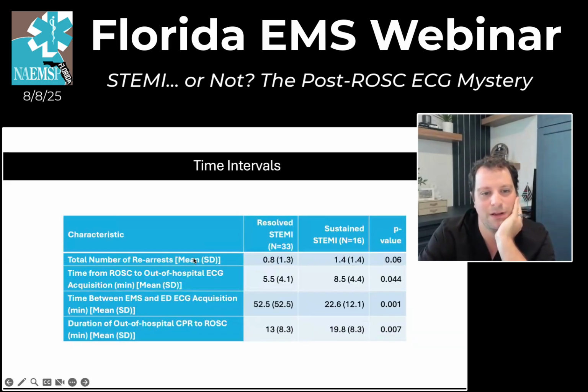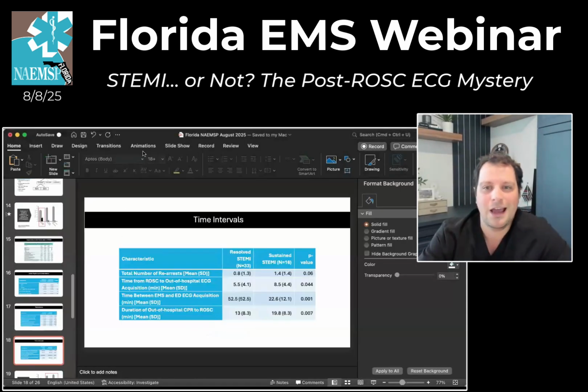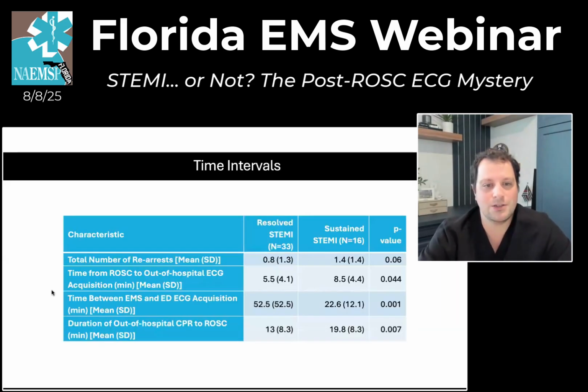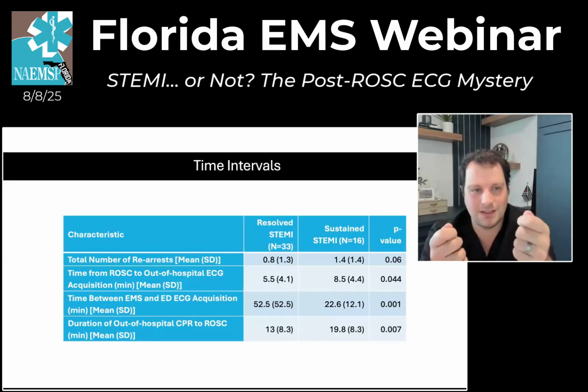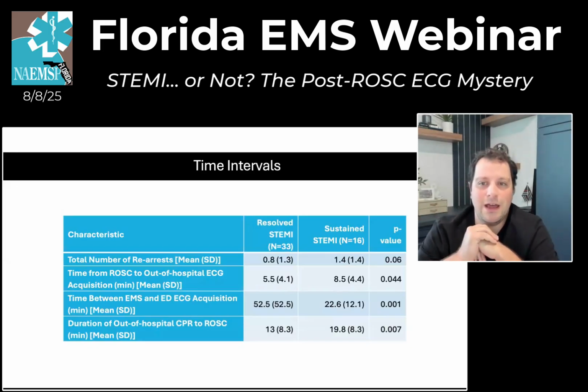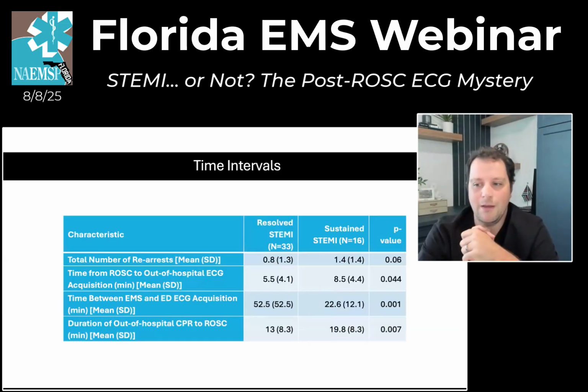I think that there's probably a longer time to EKG for these resolved STEMIs, with the idea that I wonder what the last EKG from EMS shows, right? So was that initial EKG one that looked terrible, and then it resolved en route, and then the one that they're handing over as the most recent EKG doesn't look super scary, and so an EKG in-house becomes less of a priority than X, Y, and Z.